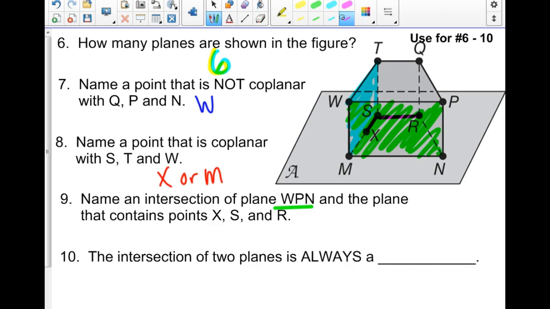So if you look at the bottom plane, where does it intersect with the front plane? And that would be line MN. 2 planes always intersect in a line. It can be called line NM as well. The intersection of 2 planes is always a line.